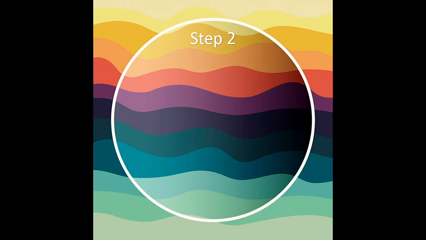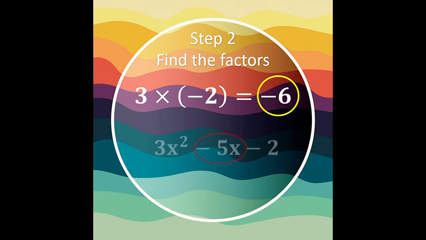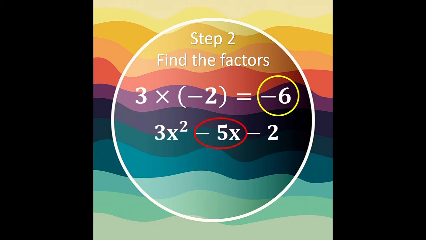Step 2 is going to be finding the factors of the value we just multiplied and found out, which is minus 6. We are going to find the factors of minus 6 such that when we add them, the value is going to be minus 5.